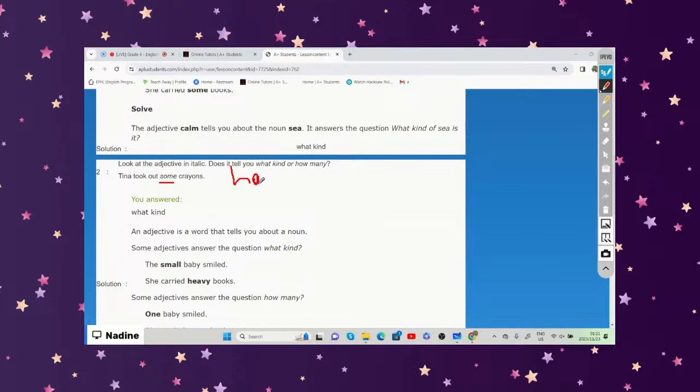That basically tells us how many. So in this case, some crayons, it tells us how many.